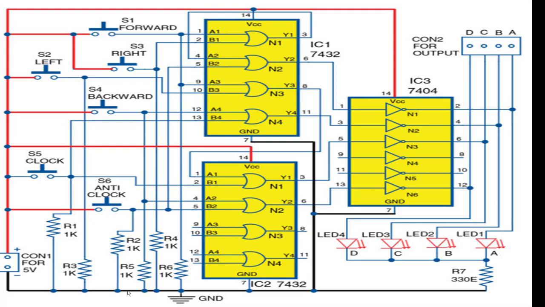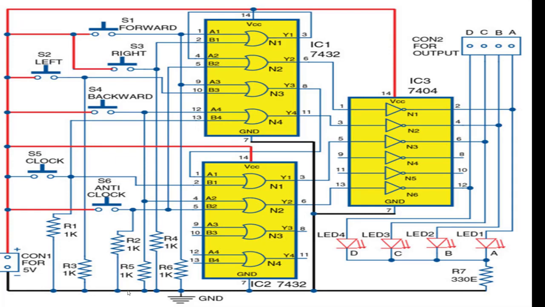Now the outputs of IC1 and IC2 are fed to inputs 1 and 5 of IC3, the NOT gate. Before feeding the signals to IC3, the code generated is 1010. But after passing through IC3, the output becomes 0101, as we have used hex inverters, meaning NOT gates. The input is totally converted, so our code 1010 is converted into 0101. This is the required logic for moving the robot in the forward direction as per the truth table.